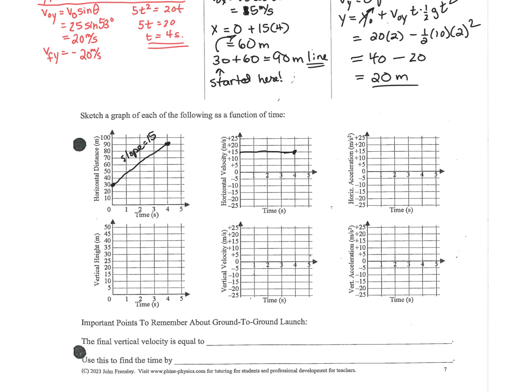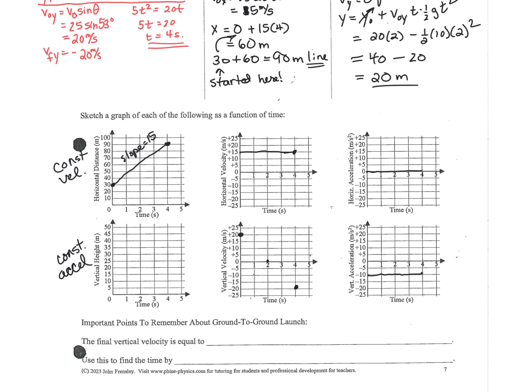Now, we also know the acceleration is 0 here for 4 seconds because it has no acceleration in the x direction. Remember, this is constant velocity, and in the vertical direction, it is constant acceleration. Constant acceleration we know is -10 for 4 seconds. It started at +20, and we know it's going to end up at -20.